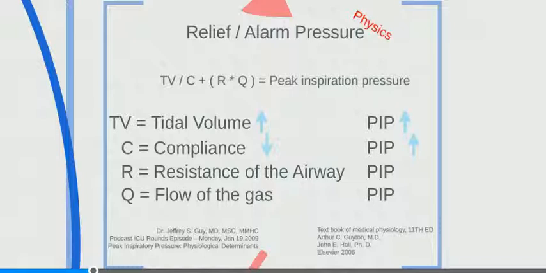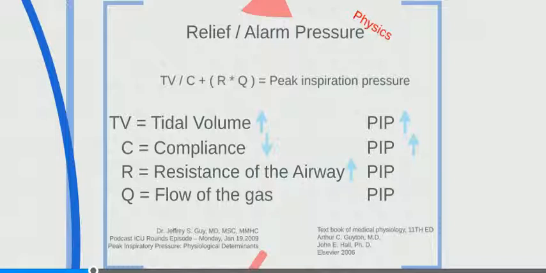Now, what about resistance of the airway? What are some things we can think about with that? Maybe epiglottitis. Epiglottitis is a good one. So you have your windpipe and it gets smaller. How about asthma? You go into your bronchioles and they get smaller. What happens when you increase the resistance in an airway?